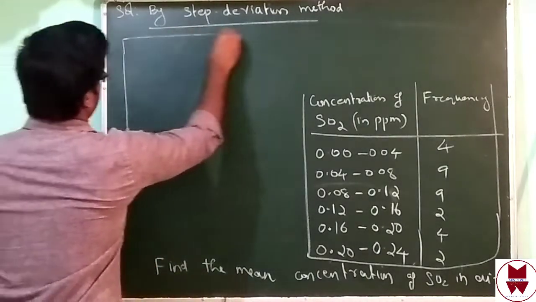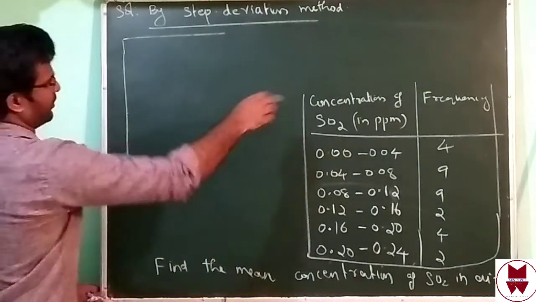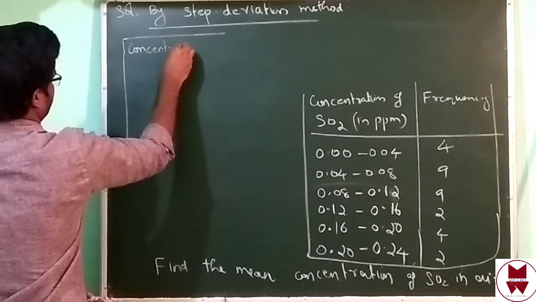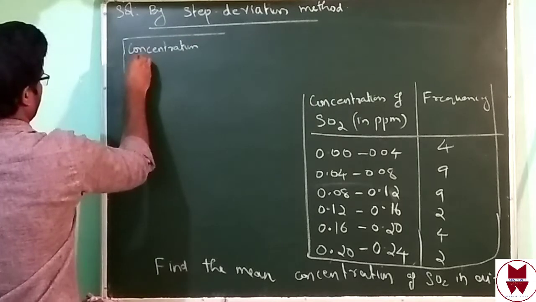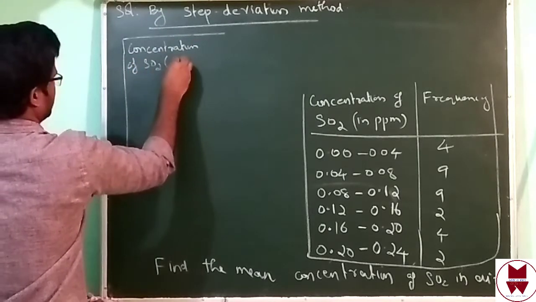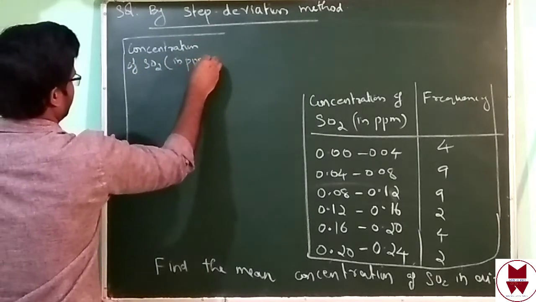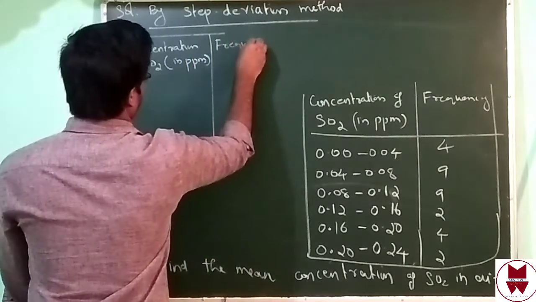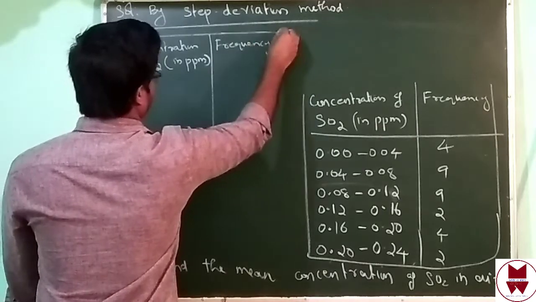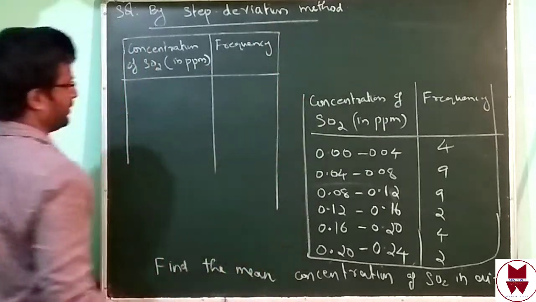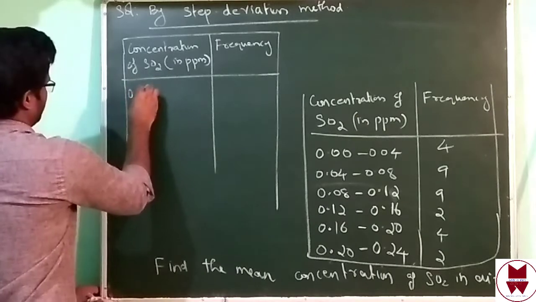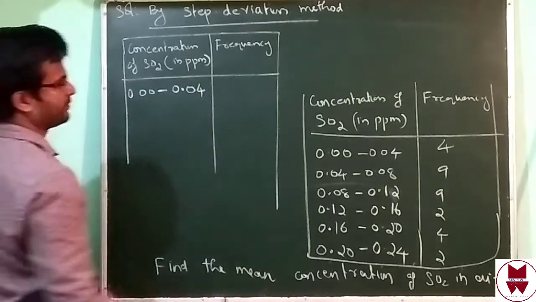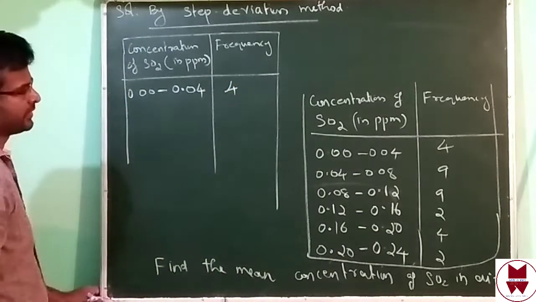By step deviation method, first we make a table: concentration of SO2 in ppm, then frequency. 0.00 to 0.04, frequency is 4.